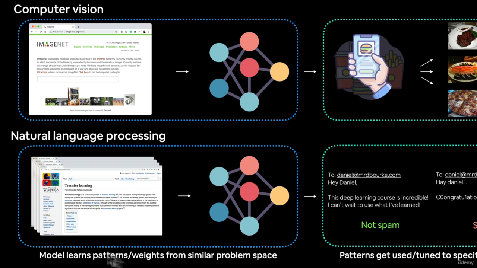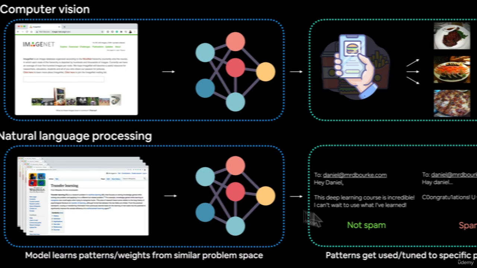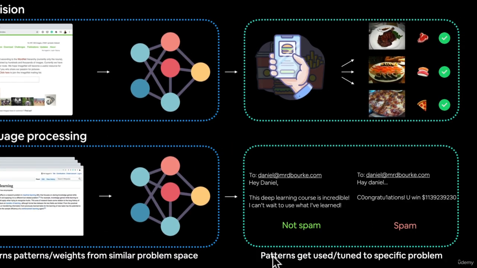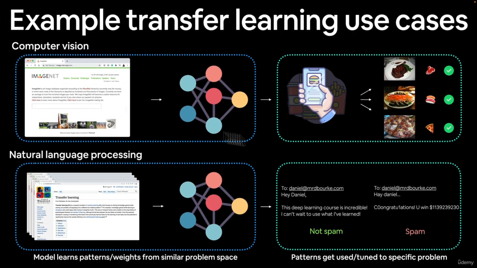So our model learns patterns, weights, parameters from a similar problem space to our own. And then the power of transfer learning is that we can use these pre-learned patterns and we can tune them to our specific problems, such as using the ImageNet weights for Food Vision Mini, or such as using the language model from a model reading all of Wikipedia to create a spam or not spam email engine.